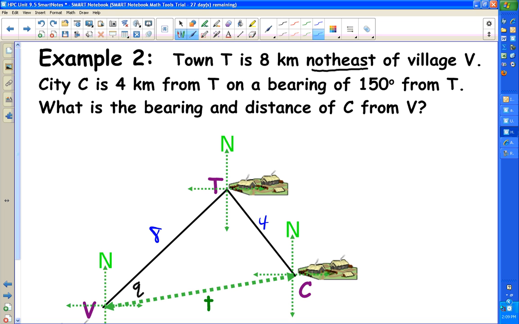What does that tell you? So from north, on the T, we're going to go this direction, this angle right here, 150 degrees. So inside, we get a 30-degree angle right here. And that may or may not help you.